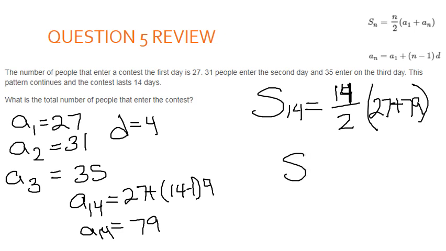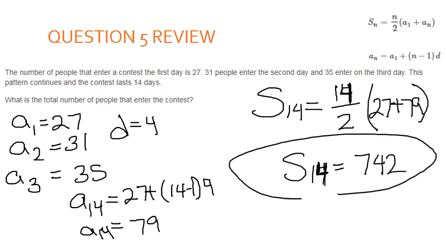So the sum of 14 is going to be 14 over 2, so that's 7, and then you have your 27 plus 79. Keep that in parentheses and put it in your calculator, so you should get 742. So that's the total number of people that entered the contest over 14 days, 742 contestants.